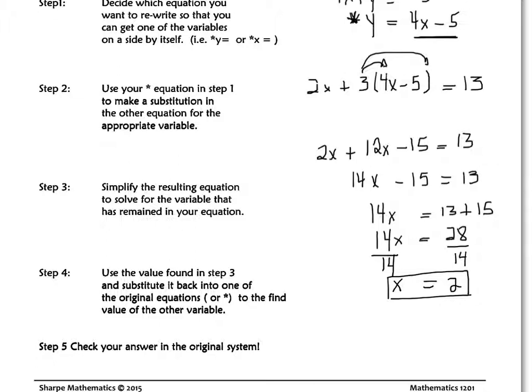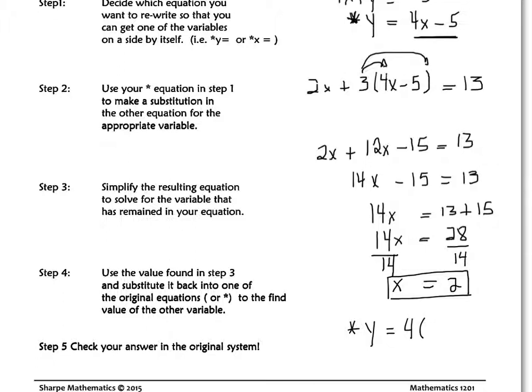The advantage to using the substitution method is that by making a substitution, we have one equation with one unknown. So we were able to solve and get x equals 2. And then once you get that value, you go back, and the easiest thing to sub back into would be the one that we rewrote. You could sub it back into one of the original ones if you want, but if you've rewritten your equation properly, the star equation would be easiest to plug into because it already has the y by itself.